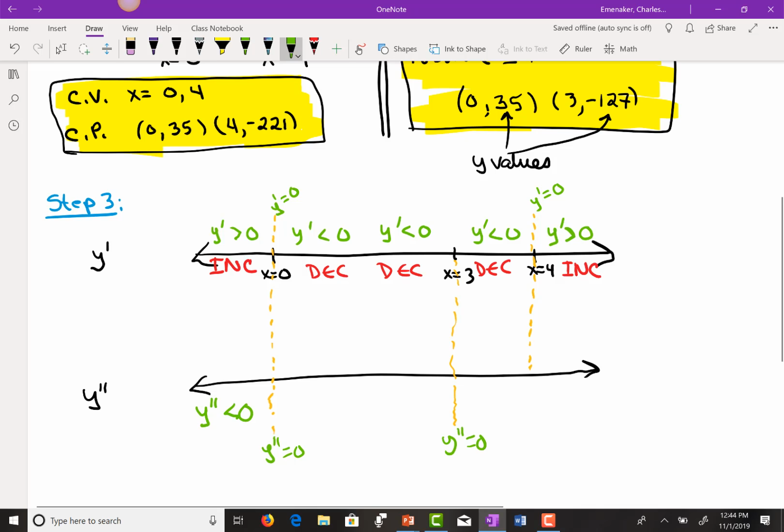Then I'm going to look in this interval. Well, what's in between there that I could use? Something like -2? If I plug in -2, what does the second derivative turn out to be? -80 again, which is kind of interesting. But yeah, I want to make sure. Okay, -80, less than 0.